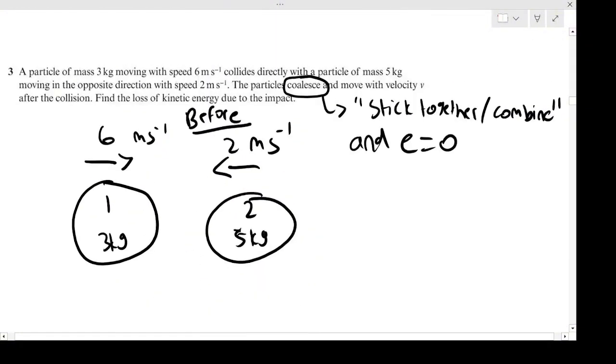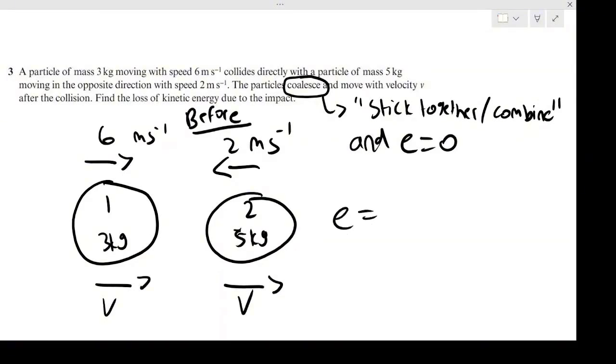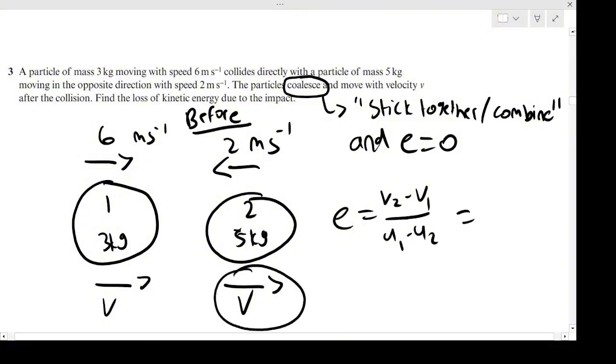If they're sticking together, they're going to move in the same direction forwards, and they're going to have the same speed v. So if we calculate E in the usual way, v2 take away v1 over u1 take away u2, well, this is v2, which is v, but this is also v1, so I'm going to take away v, and then you can see we're going to get 0.